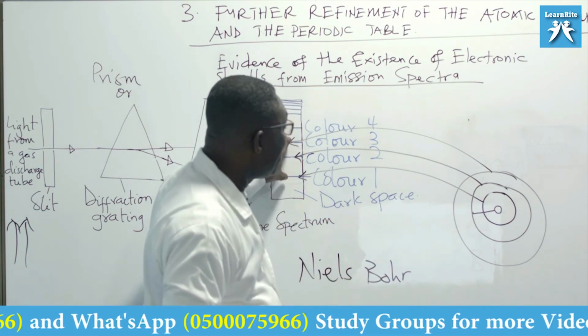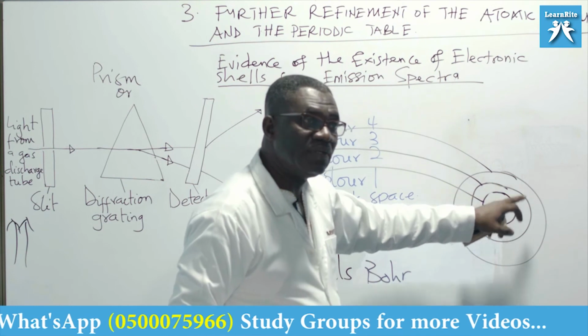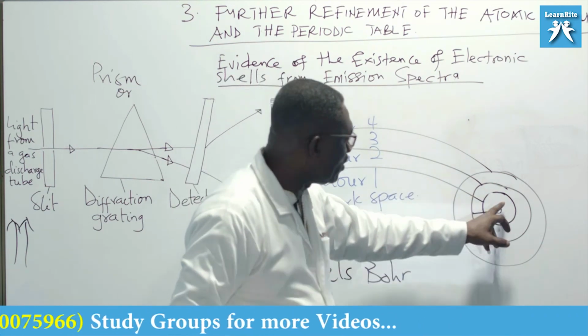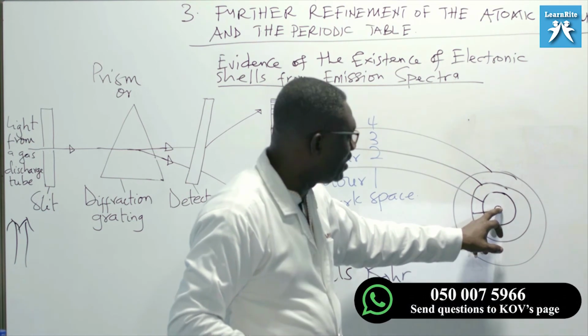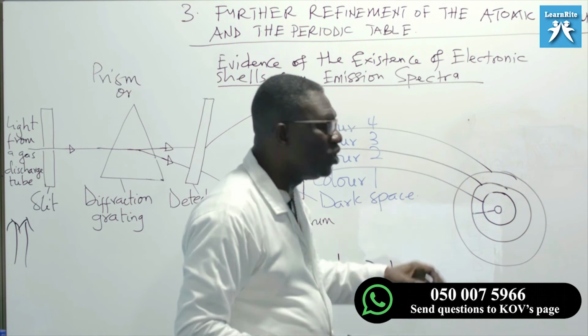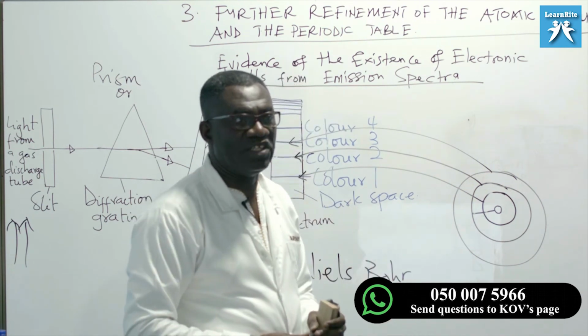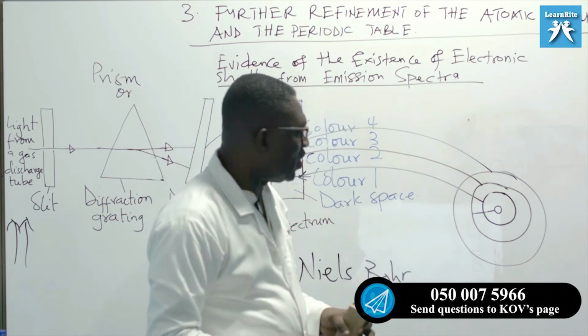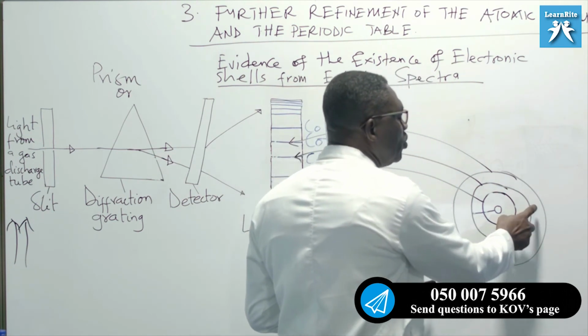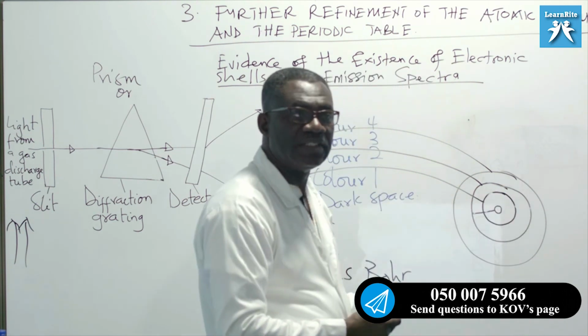So it is from here that Niels Bohr came out with his structure of the atom. Nucleus and protons here. Nucleus positively charged. The electrons exist in these orbits, which have specific energy levels. So an electron in the first energy level cannot go to the second energy level.